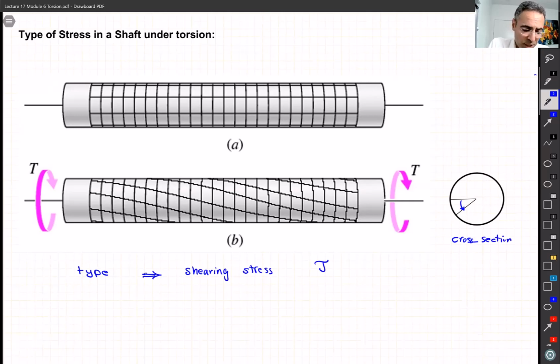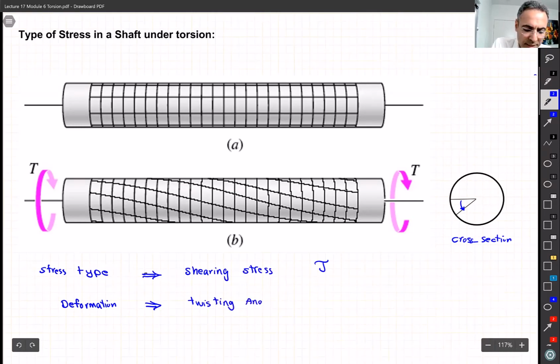So the deformation then, this first one was the stress type. And then the second thing, the deformation, is going to be angle of twist or twisting angle, which we usually show by letter phi, or some people pronounce it phi. Both are correct.